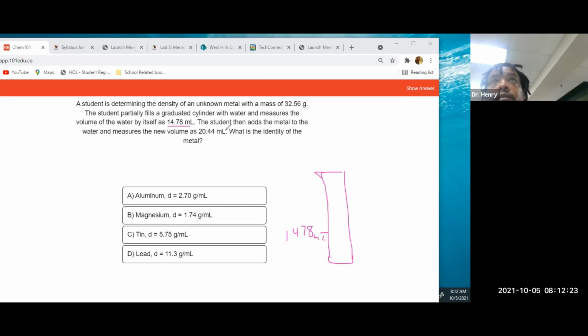Then they added the piece of metal. So here's the water right now. They added a piece of metal.